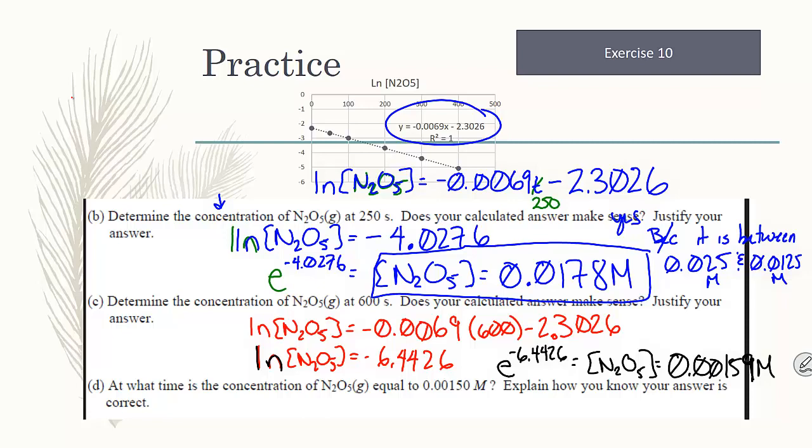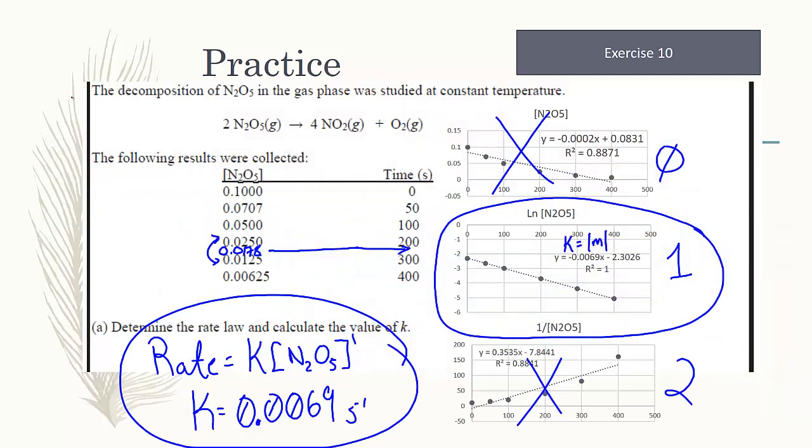Does our answer make sense? Well, at 600 seconds, we got 0.0015. 600 seconds would be way down here. 0.0015 tracks. It should be substantially less than 0.006, which 0.0015 is.